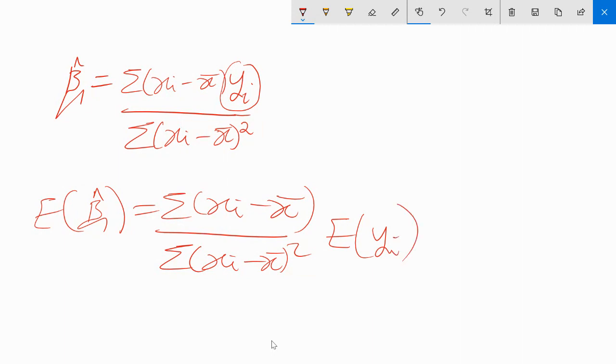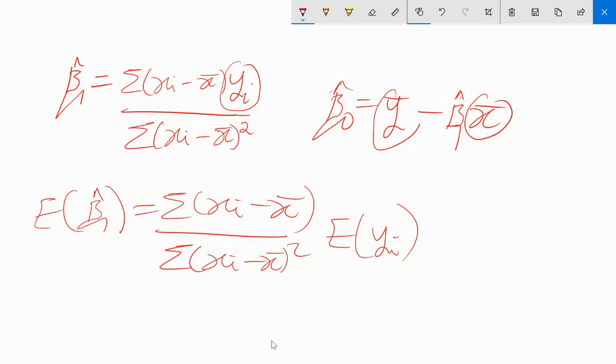So we find the expected value of that. If you look at that, we are having, which is equal to, minus beta 1 hat x bar. So x bar is a constant, and this is a function of the response variable.